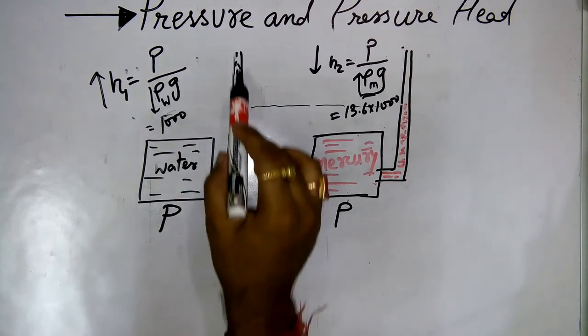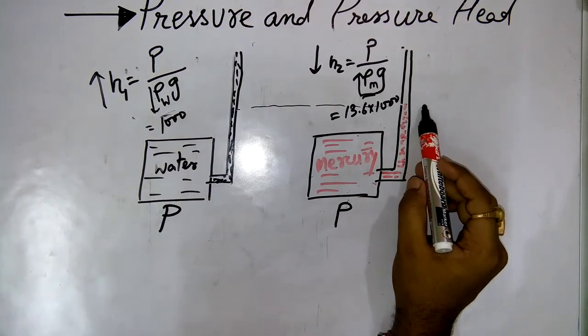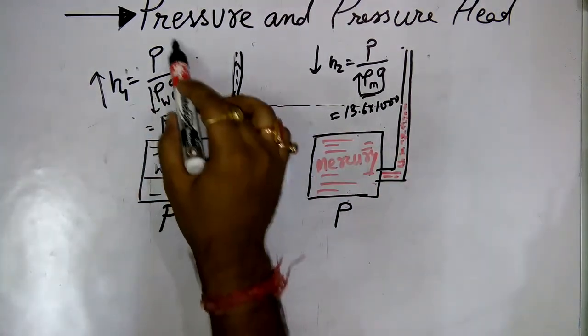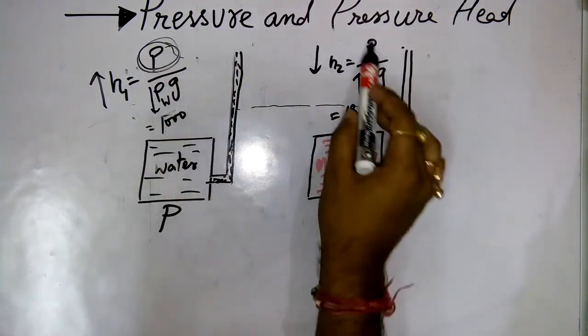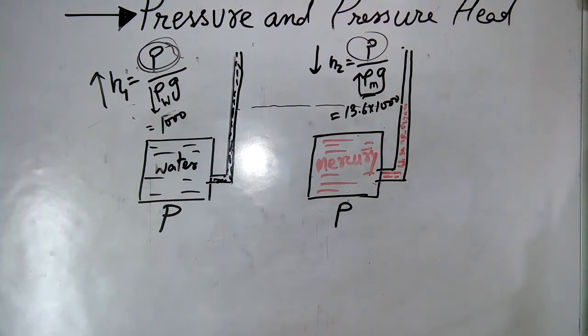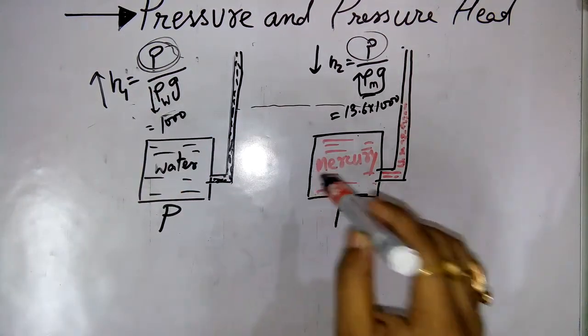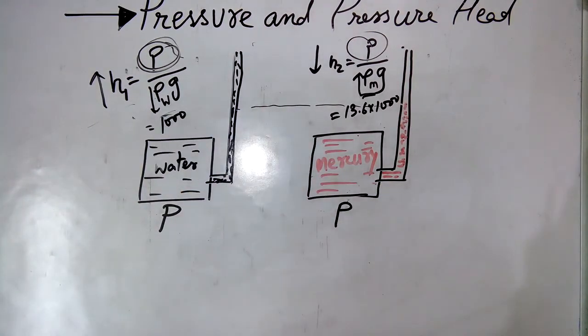That's why water has risen to a greater height and mercury to a lesser height for the same value of pressure. We can see how this H depends on the density of the fluid.